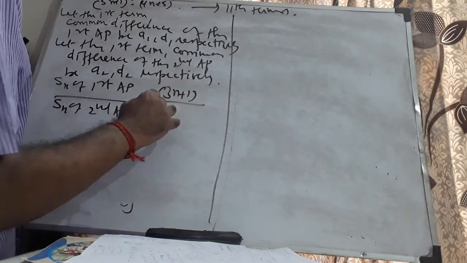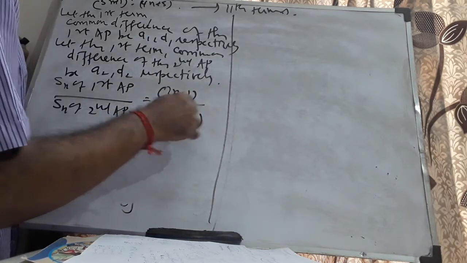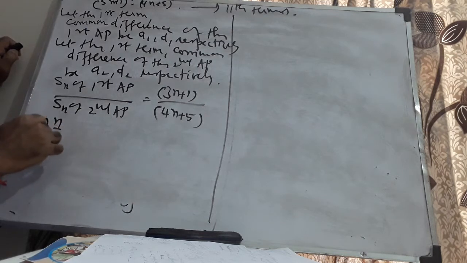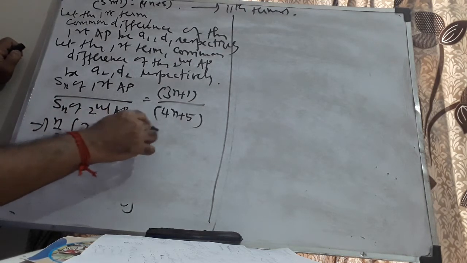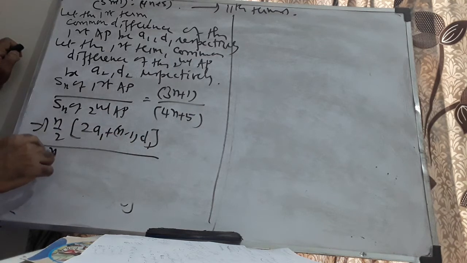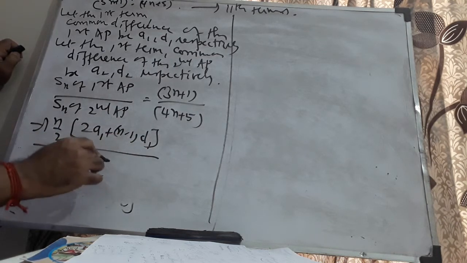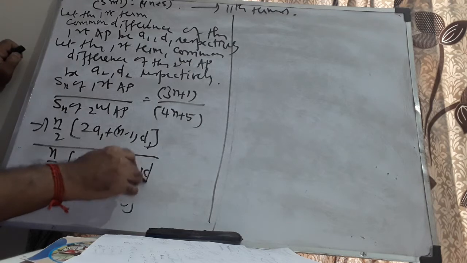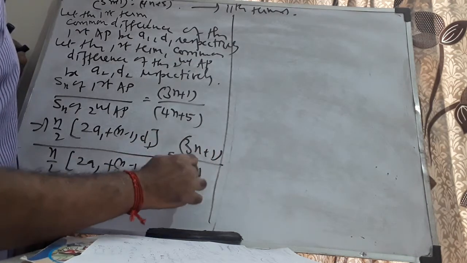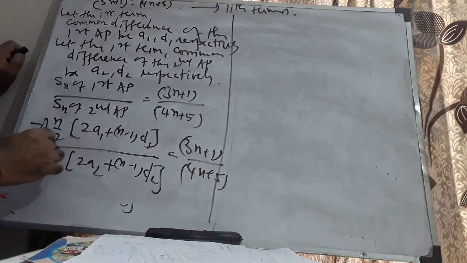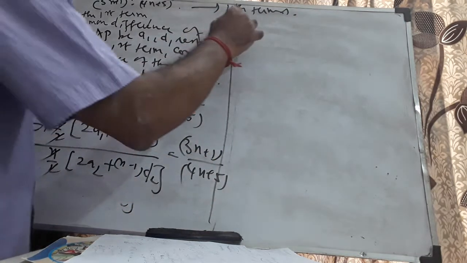(3n plus 1) divided by (4n plus 5), which implies n by 2 into (2a1 plus (n minus 1) into d1). This is the formula for the sum of first n terms. Divided by n by 2 into (2a2 plus (n minus 1) into d2) is equal to (3n plus 1) by (4n plus 5). Here n gets cancelled, 2 gets cancelled.